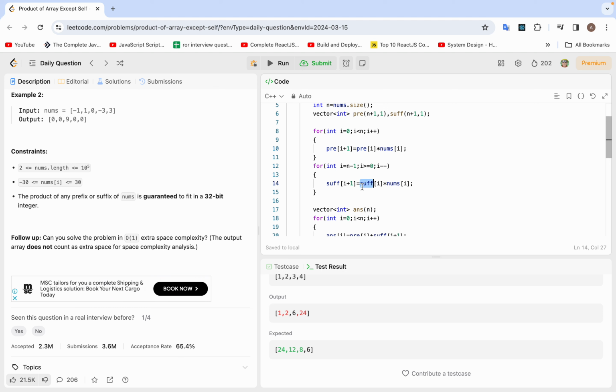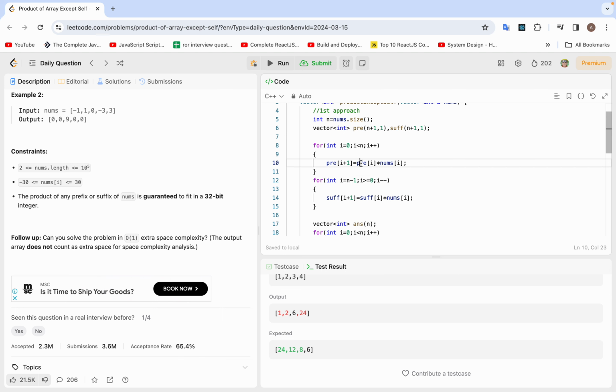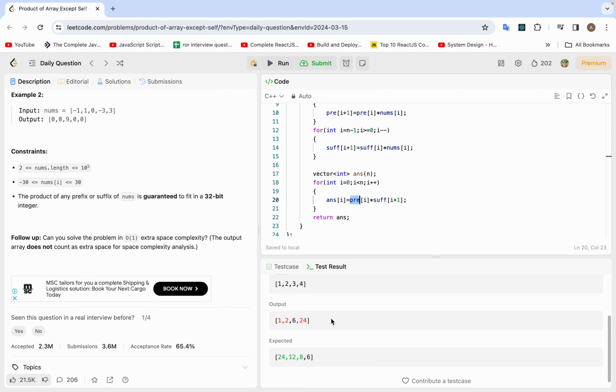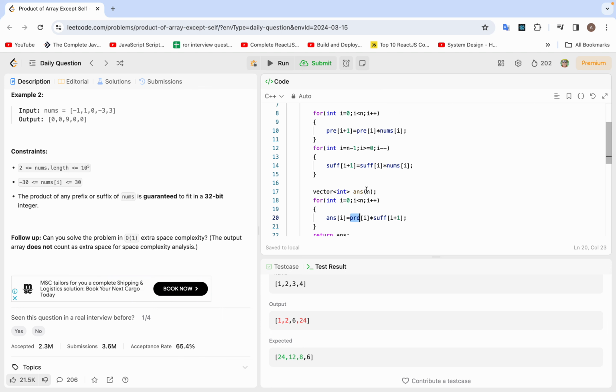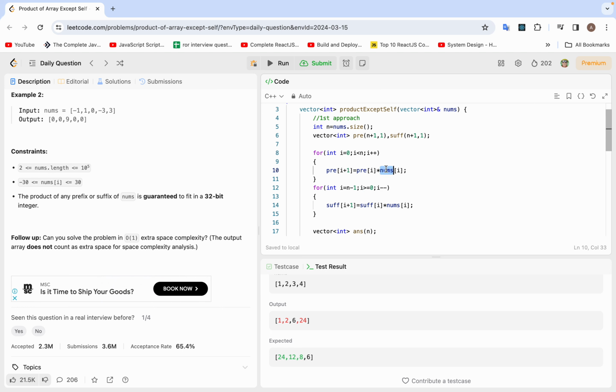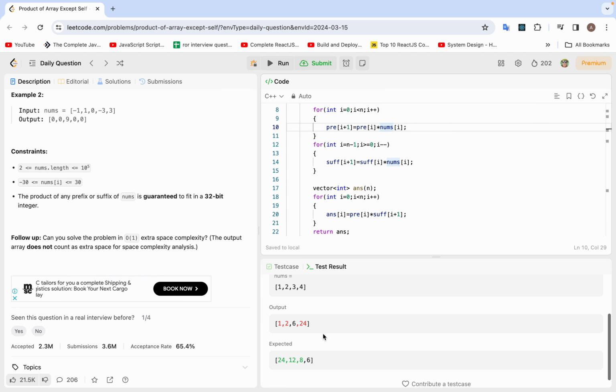What's wrong? 1, 2, 6, 24. Prefix of I plus 1 is equal to prefix of I times nums of I. This is right. 1, 2, 6, 24.